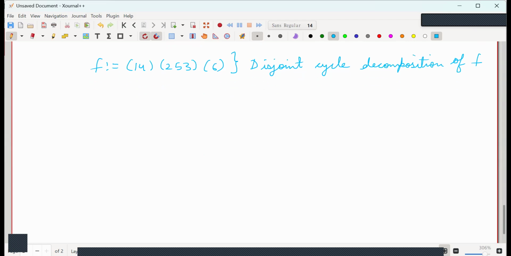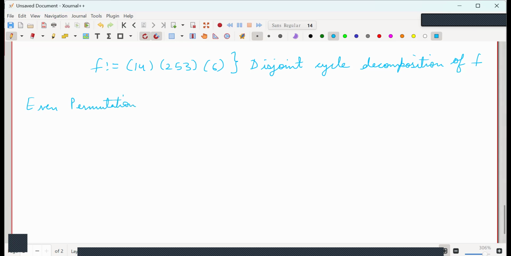Now, what is an even and odd permutation? First of all, I think directly I can define even permutation and odd permutation from here itself.